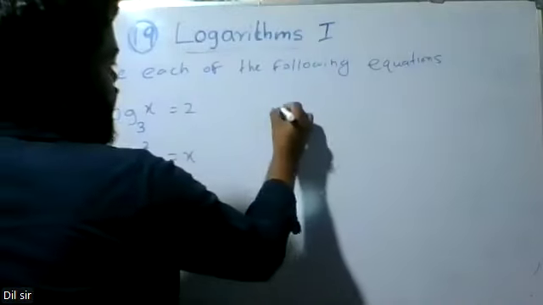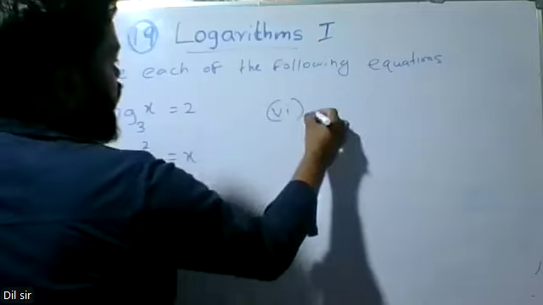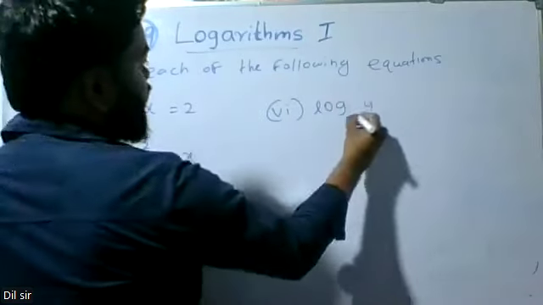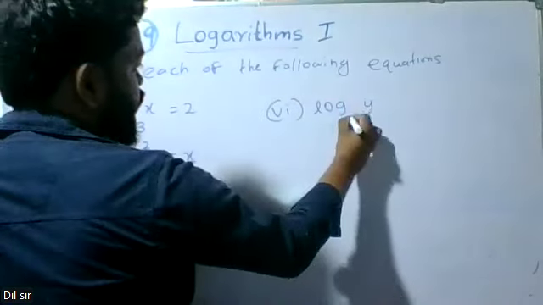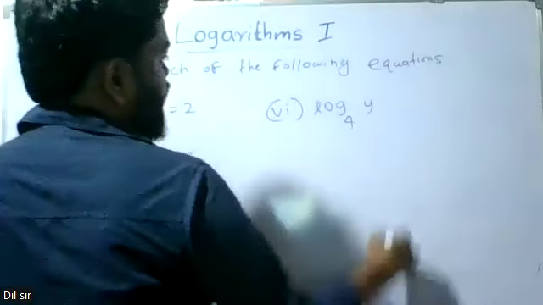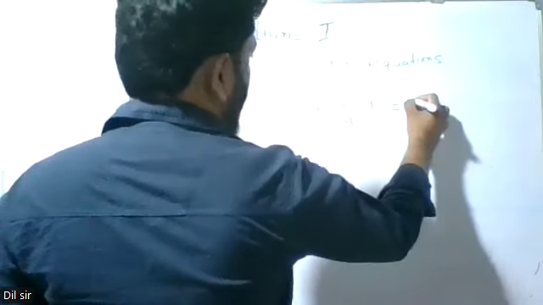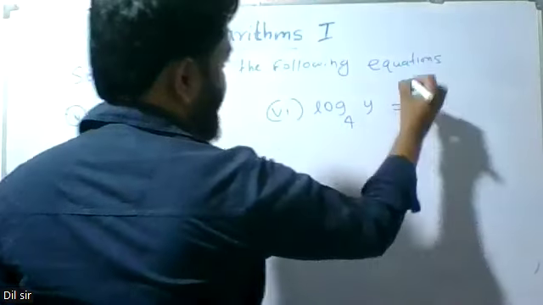Next, the sixth one, this one is for you. Logarithm of y to base 4 equal to 5.